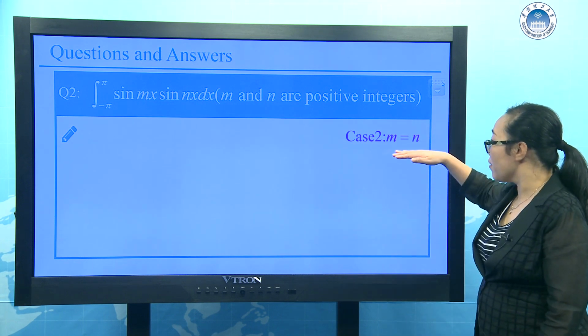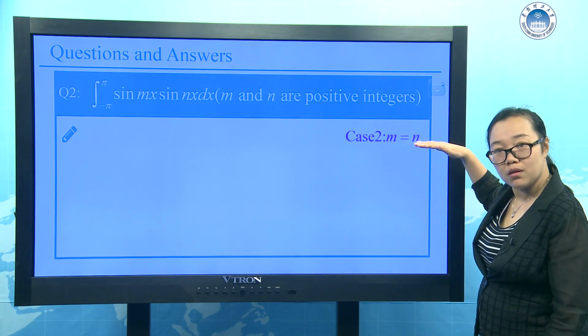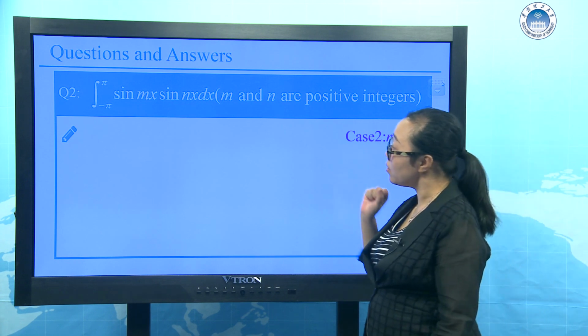Case 2: if m equals n, do you remember this?